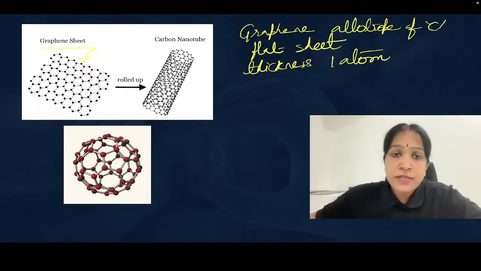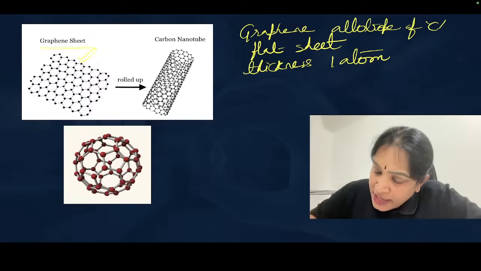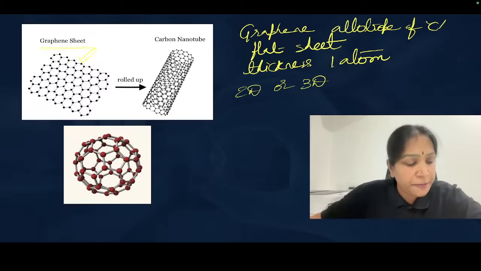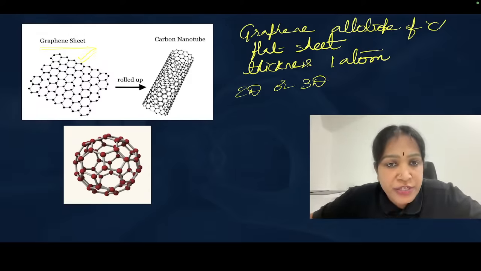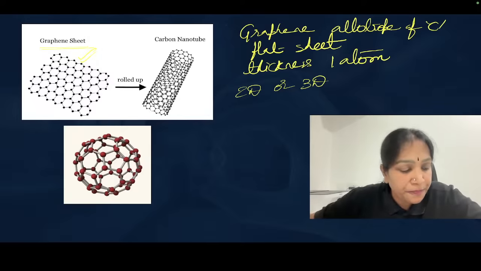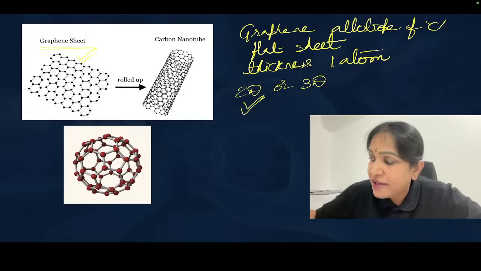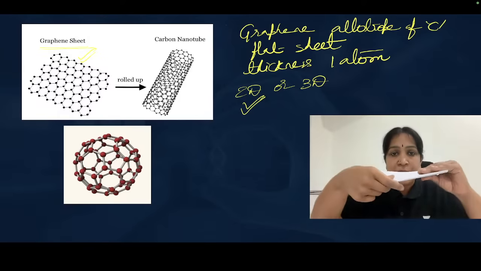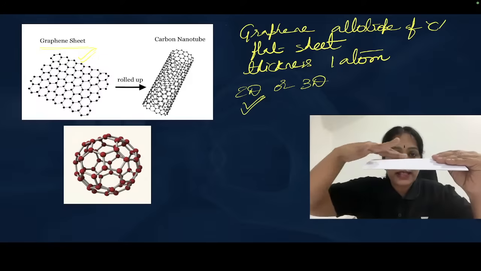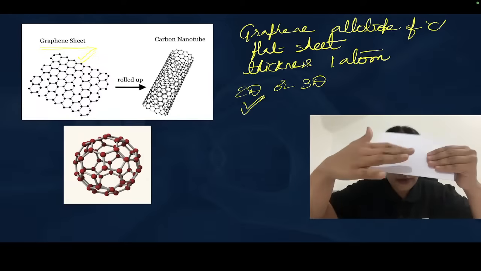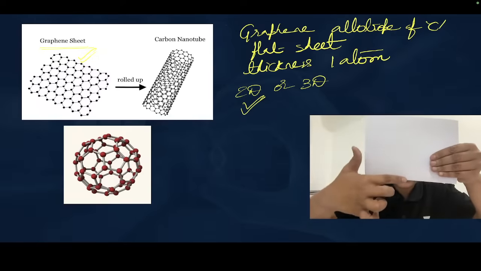Right. So, can you guess and tell me, is graphene a 2-dimensional structure or a 3-dimensional structure? Graphene is two-dimensional because it will have length. Just look at this paper. This paper is having length. Breadth is also there.